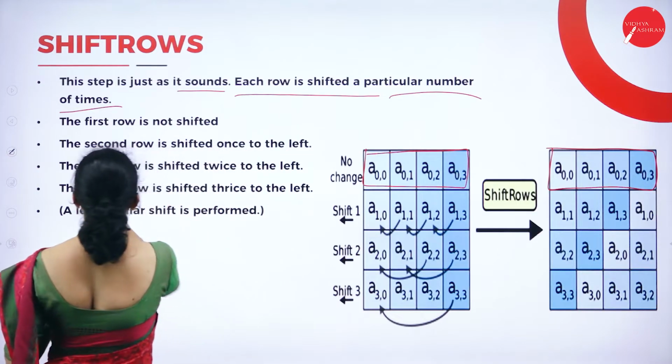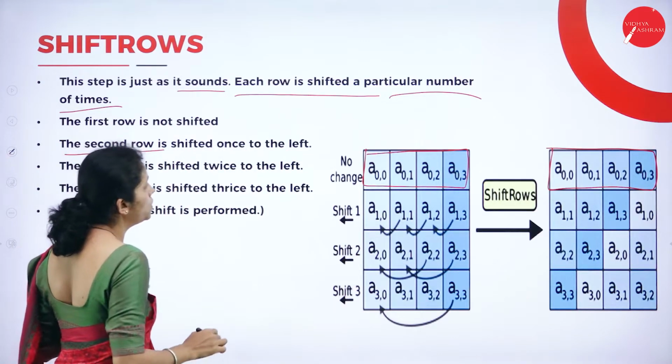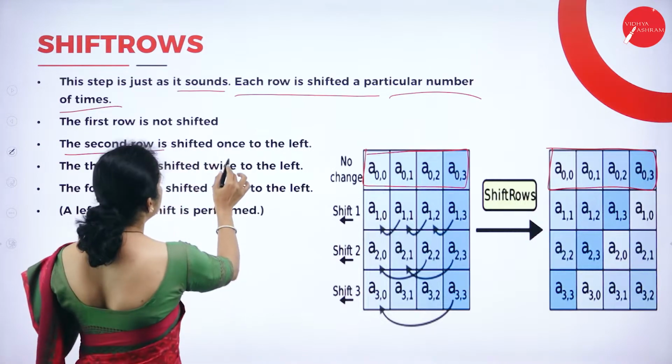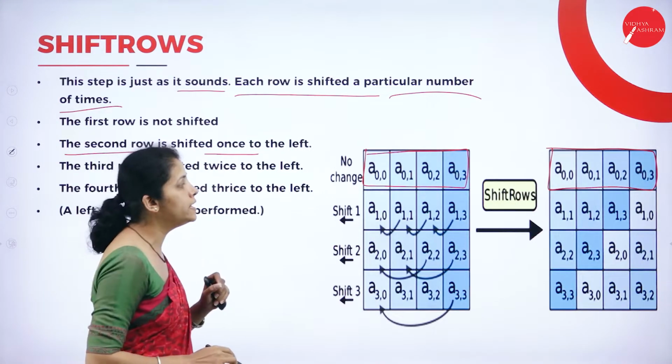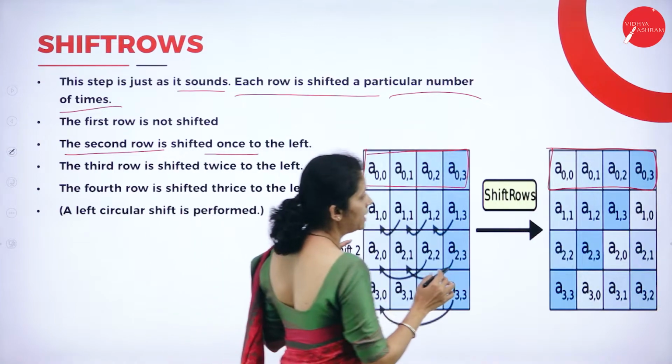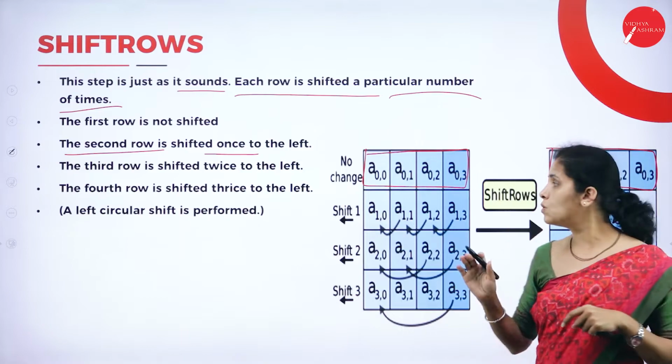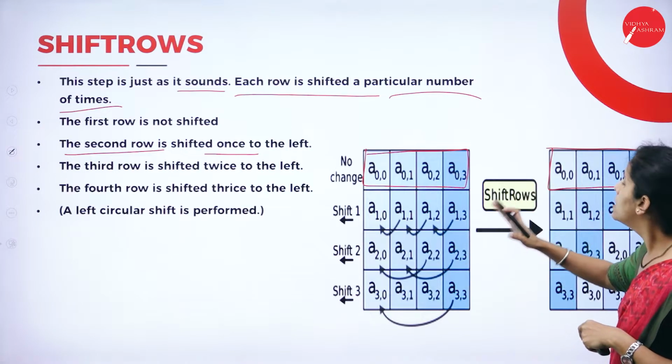Now, if I consider the second row, then I'm going to shift this row once to the left. I'm going to shift this row one step left.